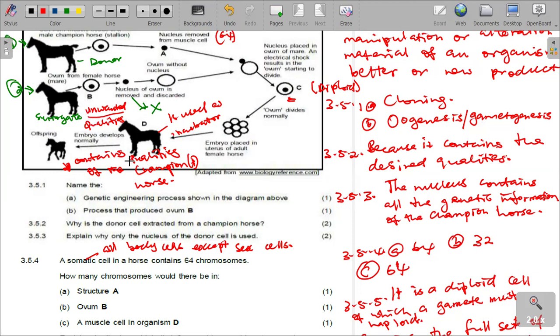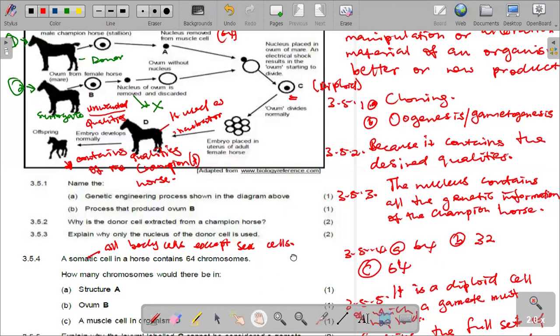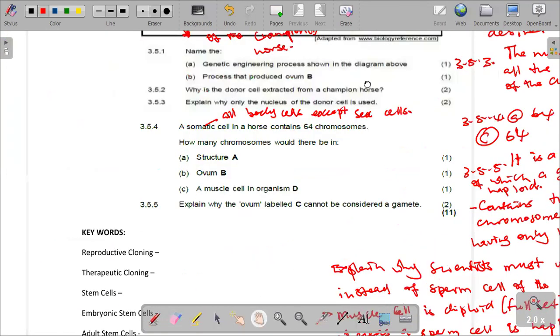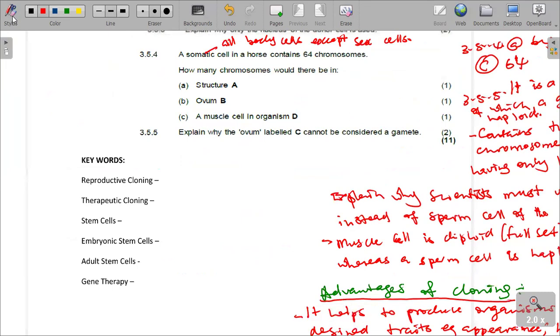Having said this, I would like us to complete this unit by looking at some other questions that might also need to be understood. What is reproductive cloning, and therapeutic cloning? I wish that you can be able to understand their meanings. What is reproductive cloning?